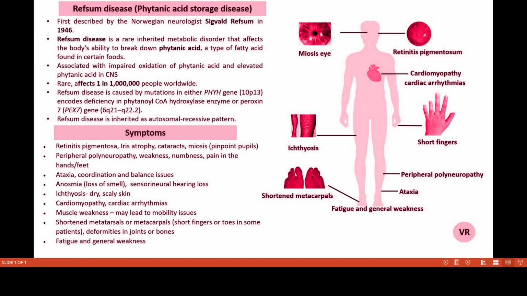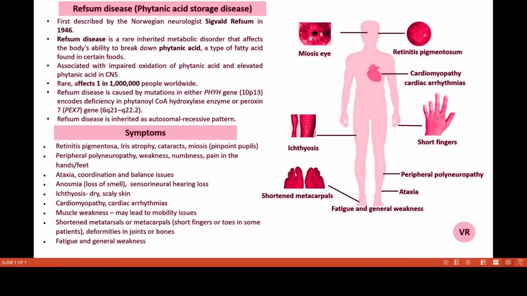Because of the presence of a 3-methyl group, phytanic acid cannot be catabolized by beta oxidation. Instead, it is transported to the peroxisome where it undergoes alpha oxidation, shortening the molecule by 1 carbon atom, yielding pristanic acid and formic acid.